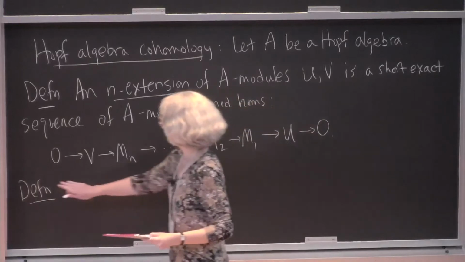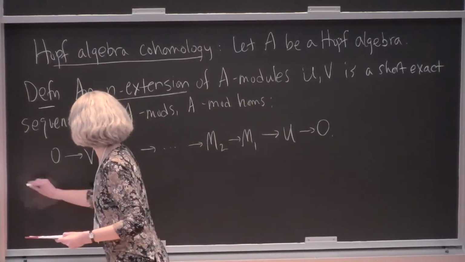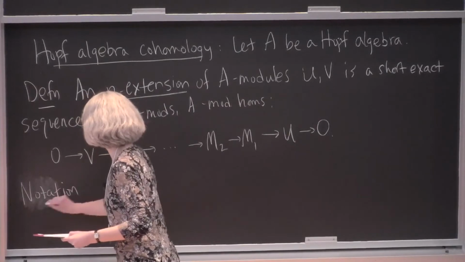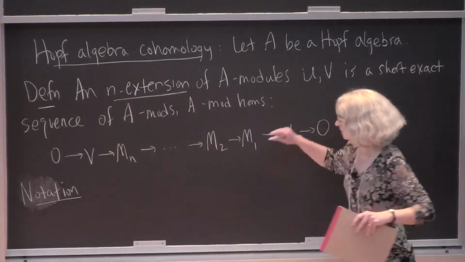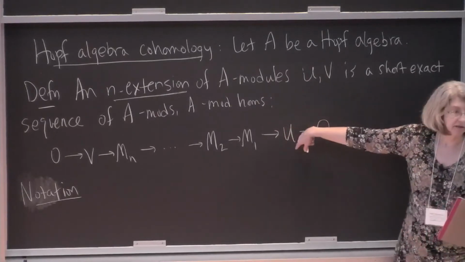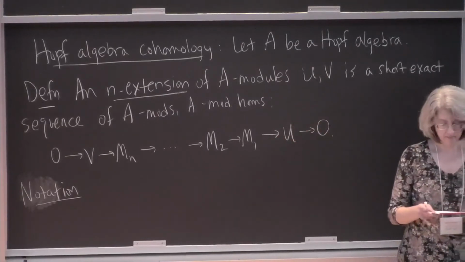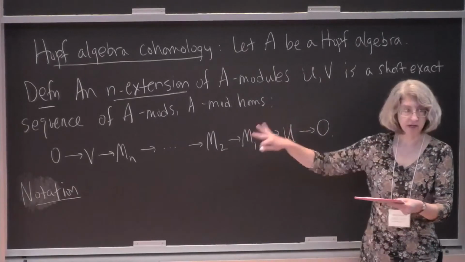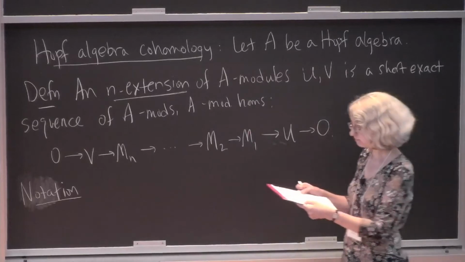So maybe this is just notation. So I guess I should say again, in the non-semi-simple case, this doesn't necessarily split. So these module homomorphisms tell you how you put these together.